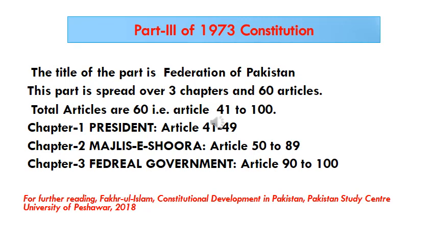His name must be registered in any constituency of the National Assembly, he is a Pakistani citizen, he is of sound mind, and he has not been declared disqualified or punished by any court of law, and similarly he fulfills the requirements of Article 62 and 63.